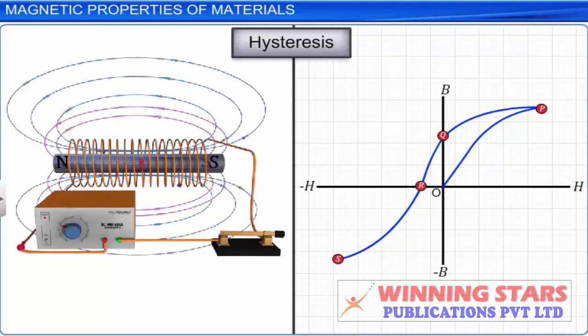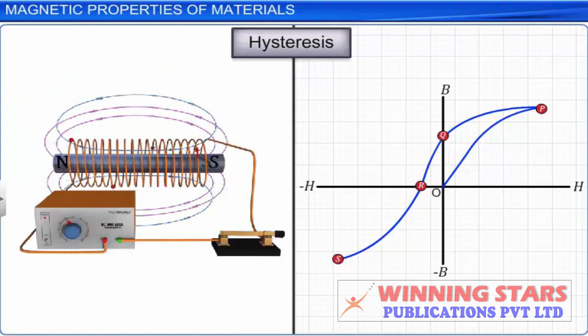Again, decrease the magnitude of current in the reverse direction such that the applied magnetic field H also decreases and becomes 0.